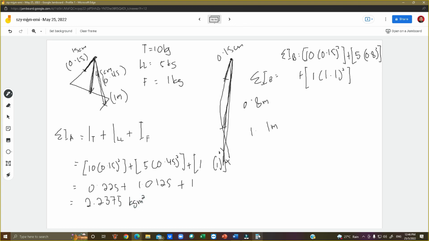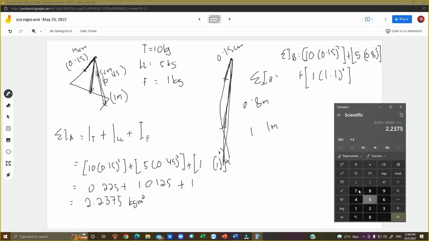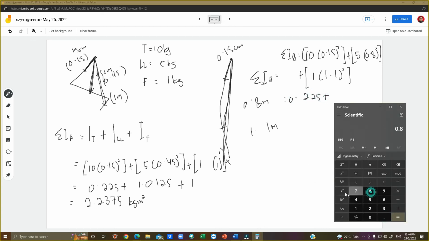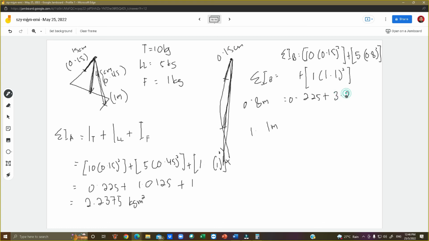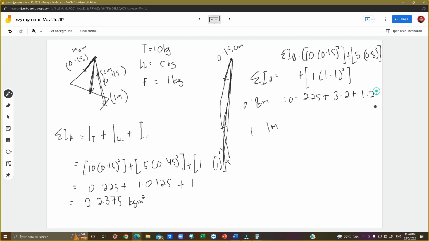Okay. And then untuk yang kedua ni, okay, yang ni sama, 0.225 plus 0.8 square times 5 we have 3.2 plus 1.21.